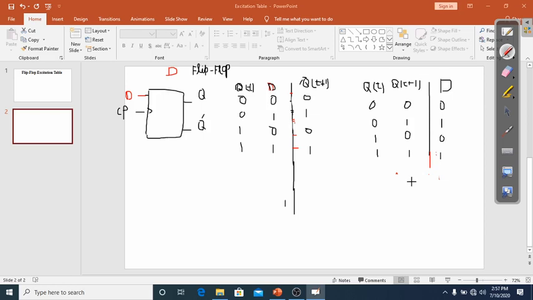Now let us talk about T flip-flop. It has one input, so I will replace D with input T. This is the present state, this is the next state.